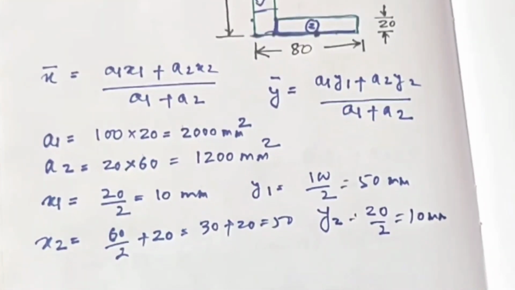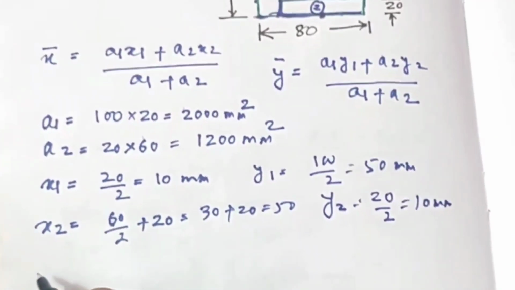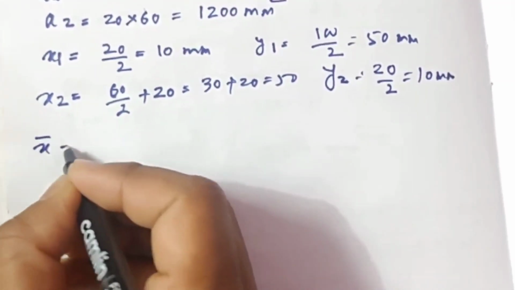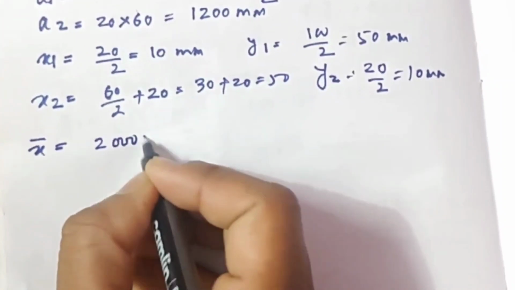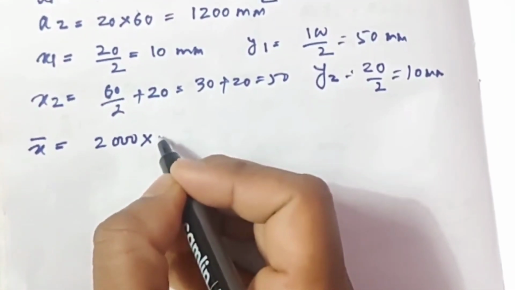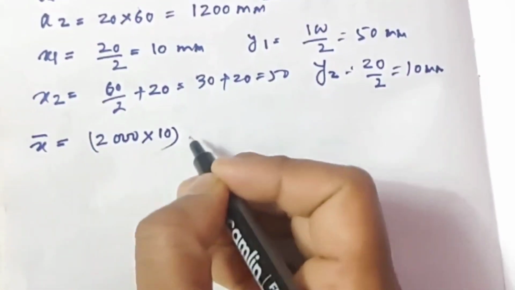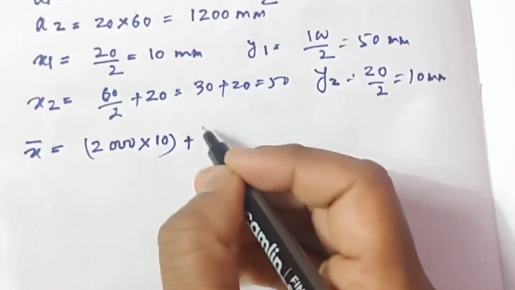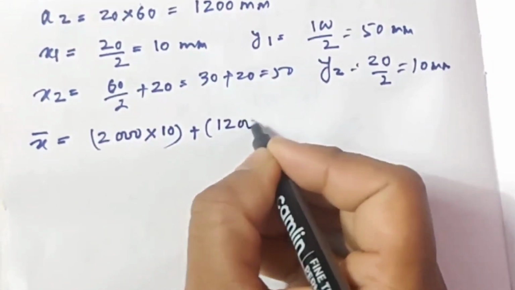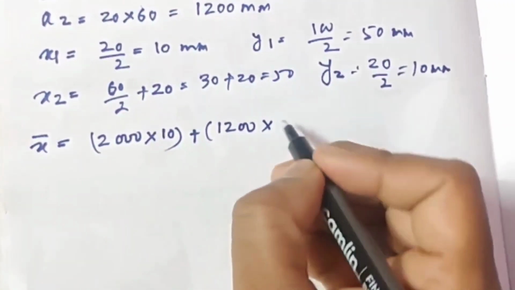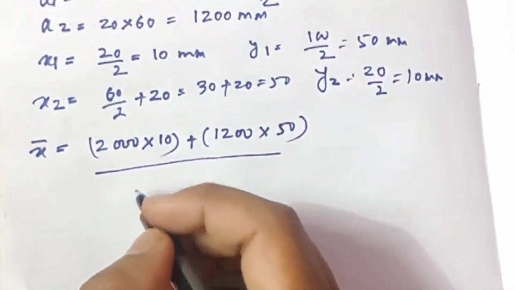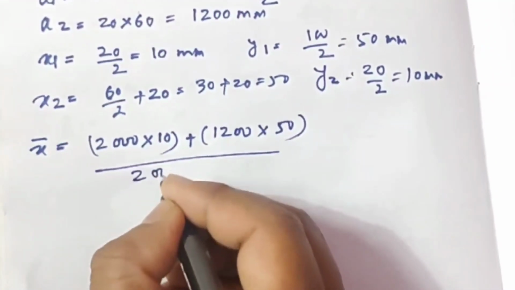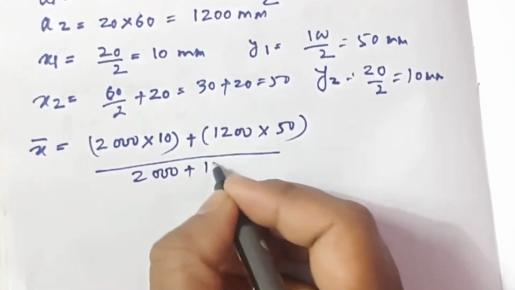Now we are interested to apply the formula. First we apply the x bar formula, that is a1 into x1, 2000 into 10 mm, plus a2, 1200 into x2, that is 50 mm, divided by a1 plus a2, 2000 plus 1200.